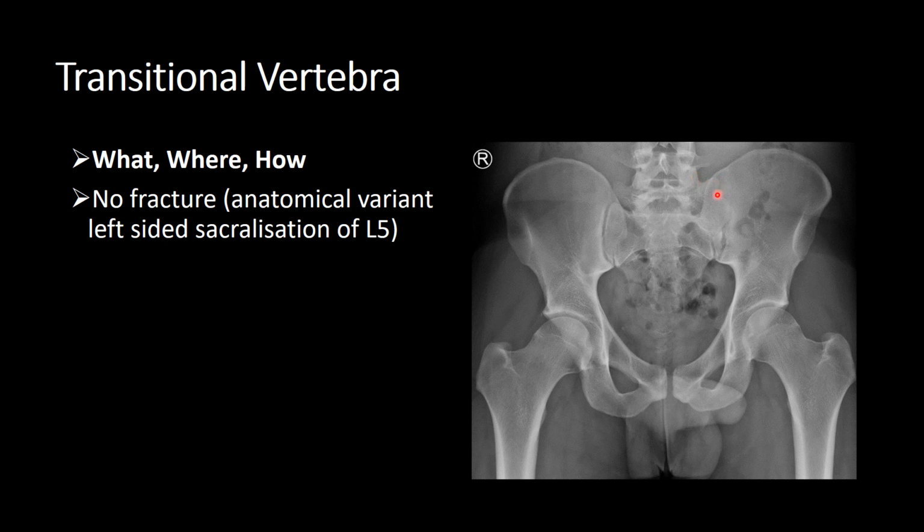On the left, we can see that L5 has sacralized with S1. Occasionally, this can be symptomatic. It's referred to as Bertolotti's syndrome. So, what, where, how? No fracture. Anatomical variant. Left-sided sacralization of L5.